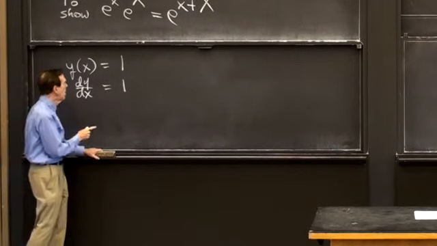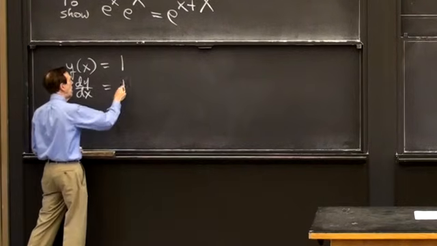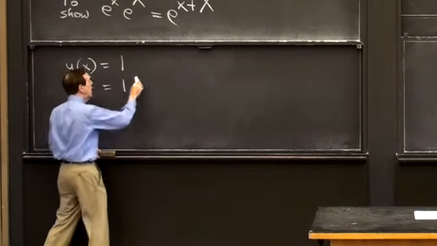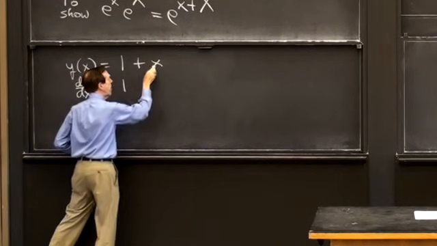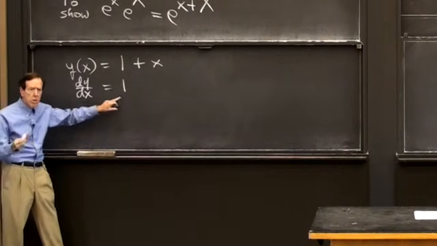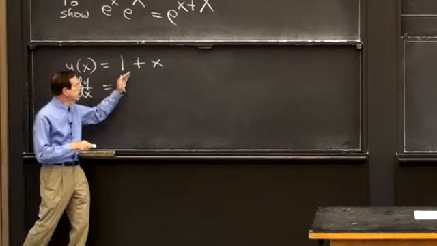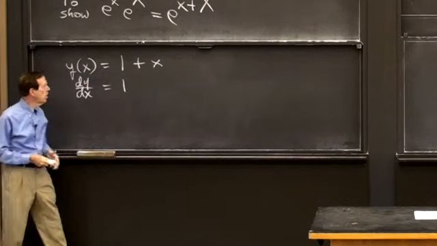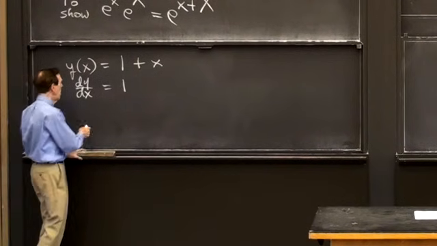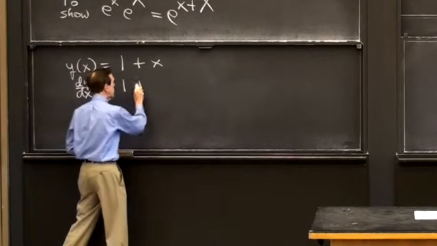But now I can't stop, because if the derivative is a 1, I have to put an x up here so that its derivative will be 1, right? Its slope will be 1. That's that steadily climbing x whose slope is 1. But now these are supposed to be equal again. So I have to put this x also here.